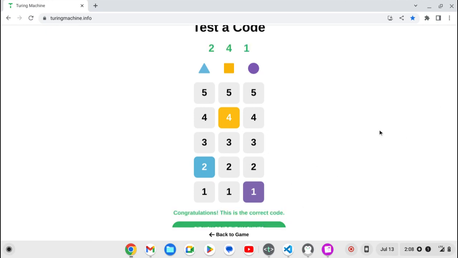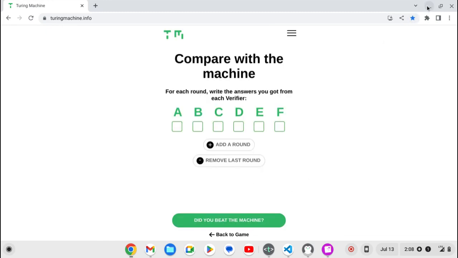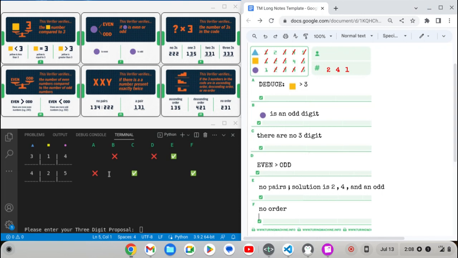Okay, yeah, fantastic. But of course, the major test is how do we do versus the Turing machine. So let's see, how do we do this? We did BDE in the first round, and then we did the other 3 criteria cards in the second round. And we missed the first 2 in the first round.